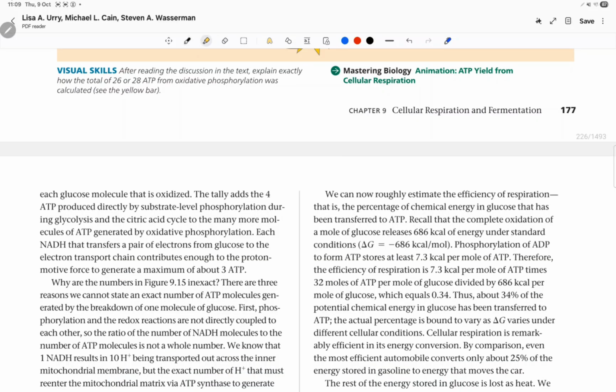You see, you only make 2 ATPs from glycolysis in net and 2 ATPs from the Krebs cycle in net. So you just make 4 ATPs basically before chemiosmosis. That means you make most of the ATPs during chemiosmosis. The ATPs that are made during chemiosmosis are because of the movement of the electrons.